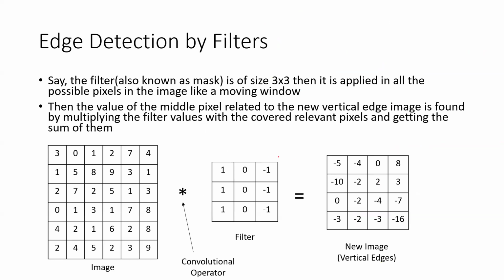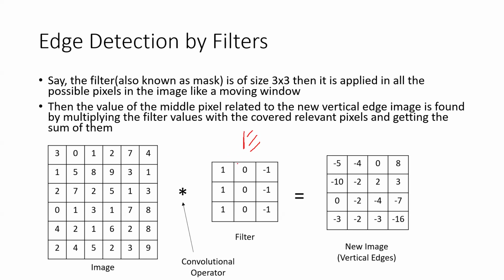So let's see what we are actually going to do with filters. Like we explained earlier, I will explain it for the second time as well. In this case, we are using the same vertical edge detector filter. We have ones on this side and negative ones on this side. This kind of filter can be used when there's a high intensity on this side and low intensity on this side, right?